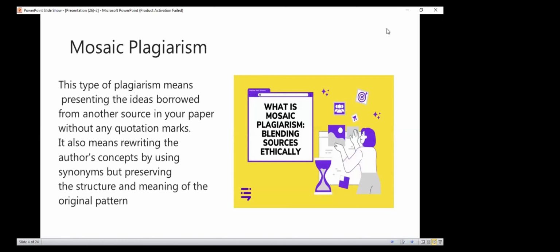It can also involve rewriting the original concept by substituting words while keeping the structure and meaning intact. This type of plagiarism can be tricky to identify, but it's still a violation of academic integrity.